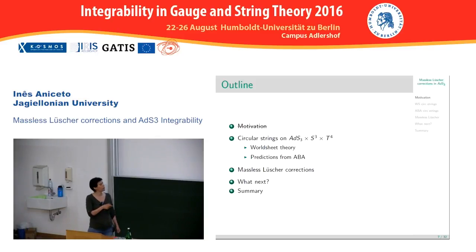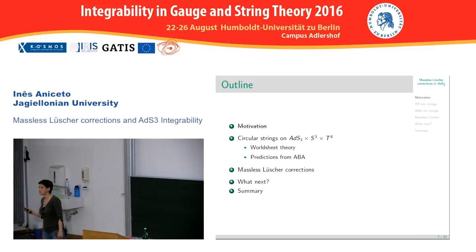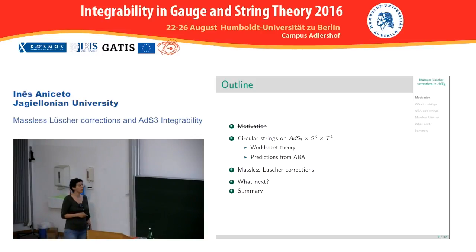And this is going to be when I'm going to introduce the massless Luscher corrections and explain a bit furthermore what are the things that are completely correct and what is still open problems in the calculation of the massless Luscher corrections.